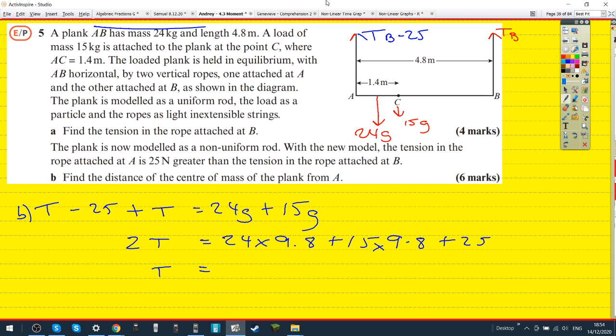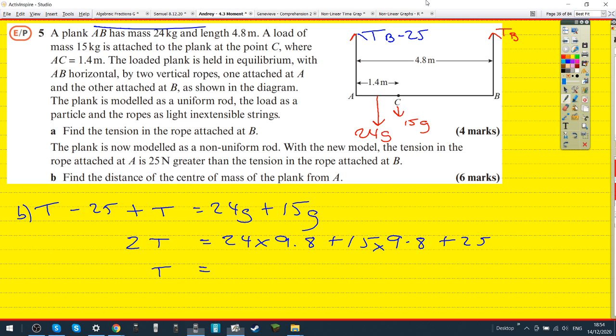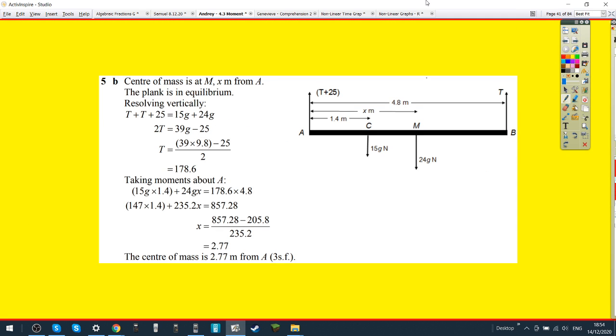You already had the 25. Yeah, okay. Plus 15 times 9.8 plus 25, whole thing divided by 2. Is that what you got? 203.6? Yeah. Okay, what are we missing here?